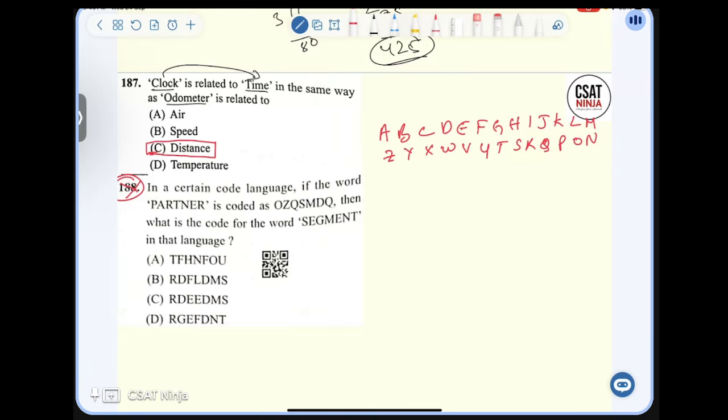The opposite of A is Z and the opposite of Z is A. That means up, down, they are opposite to each other. And I'll just give the numbers 1, 2, 3, 4, 5, 6, and so on.